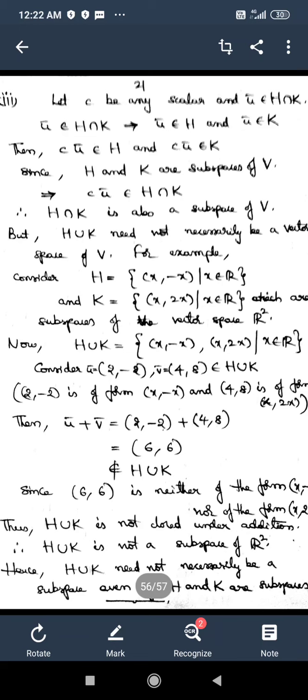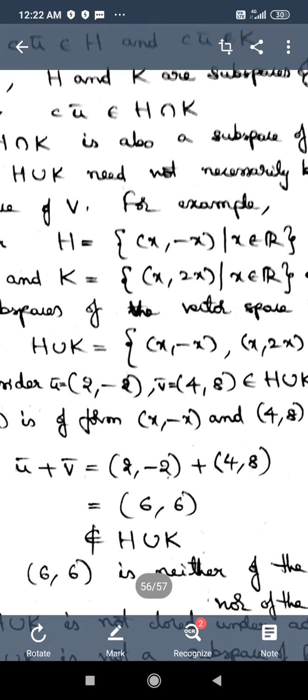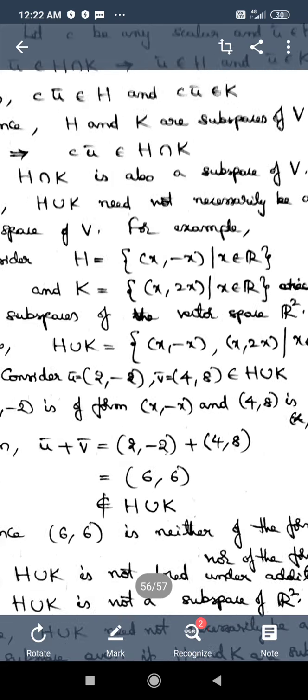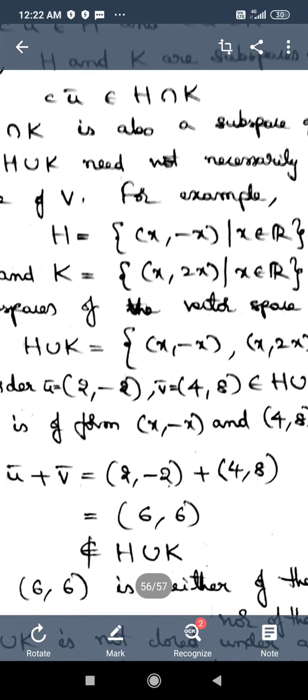To disprove that H union K is a subspace, we need two vectors from H union K, and I am taking those two vectors as u bar and v bar, where u bar has the specific entries 2 comma minus 2 and v bar is 4 comma 8.